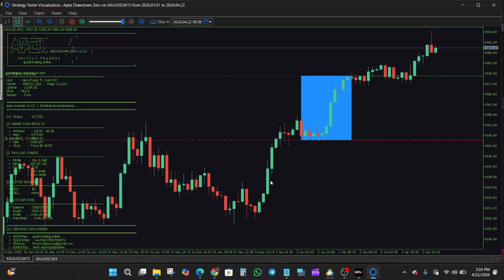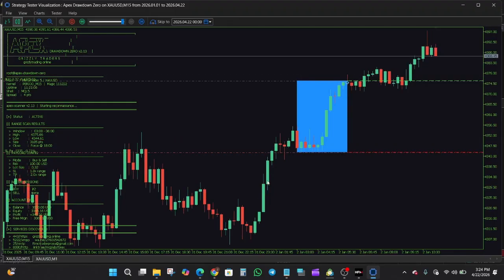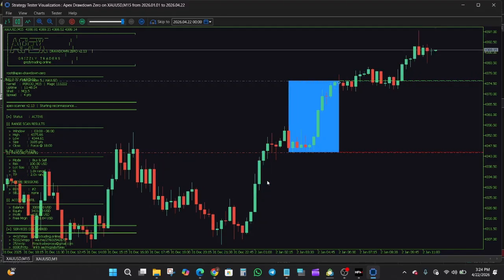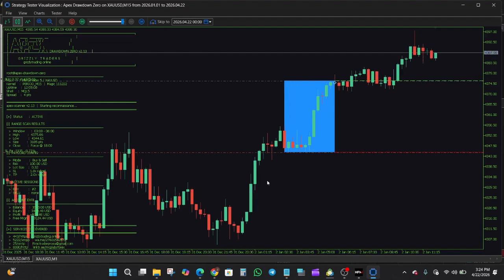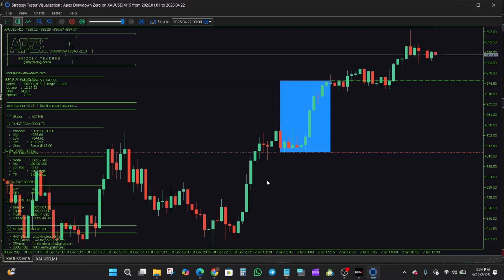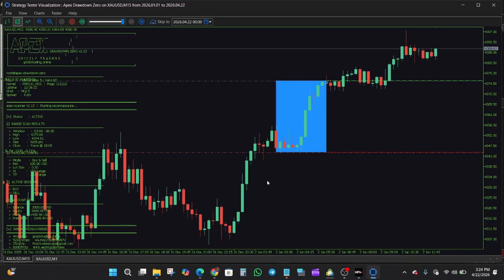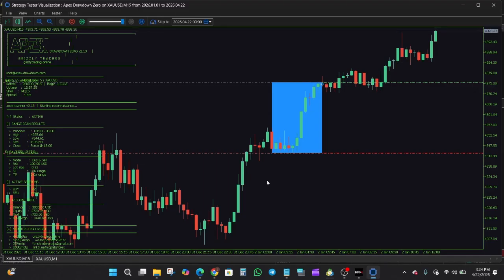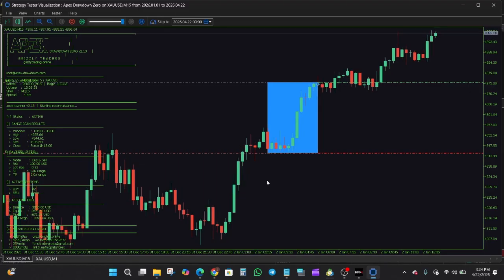Okay. So overall, what we are seeing is a session based breakout strategy focused on capturing controlled moves after consolidation. All right. It performs best when the market forms clean ranges during low volatility, and when breakouts happen with strong momentum, and when gold moves directionally after consolidation.